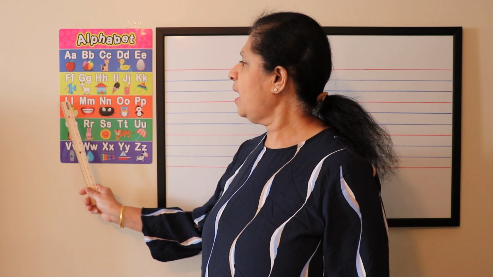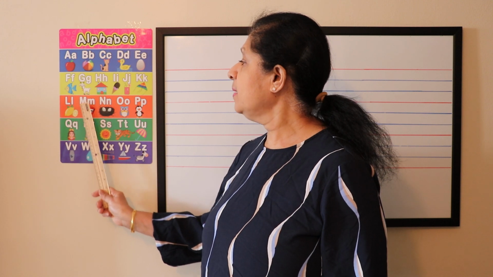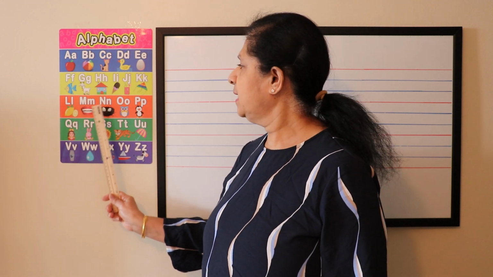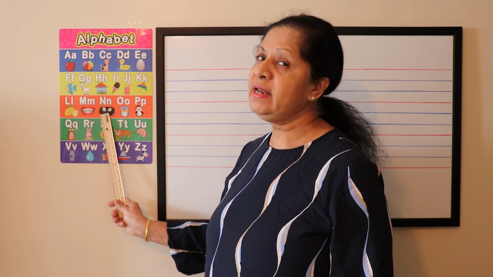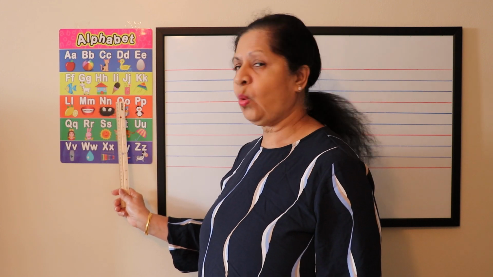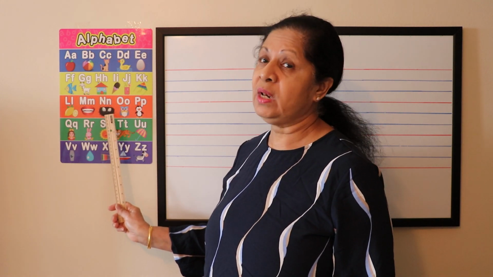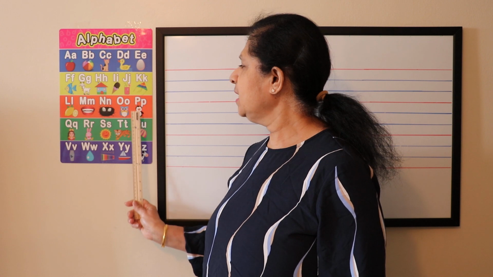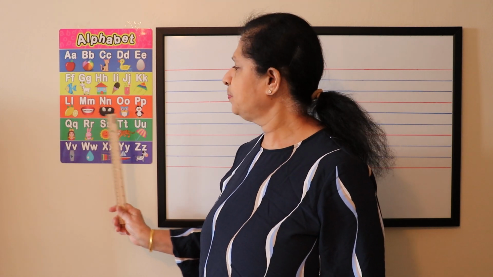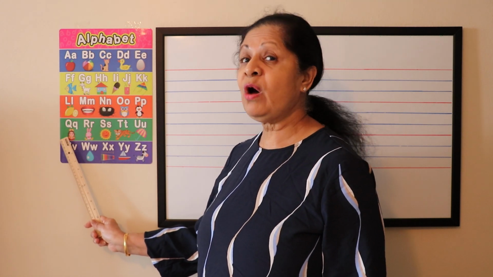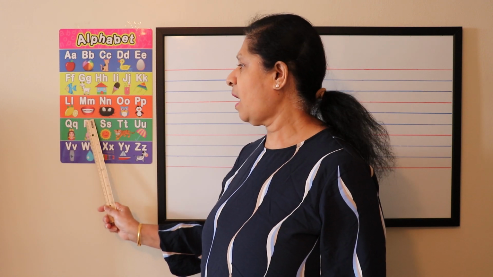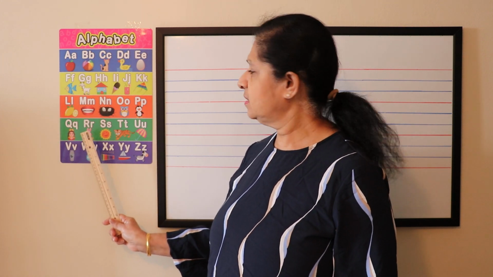K for kite. L for lemon. M for mouth. N for nest. O for owl. P for penguin. Q for queen. R for rabbit.